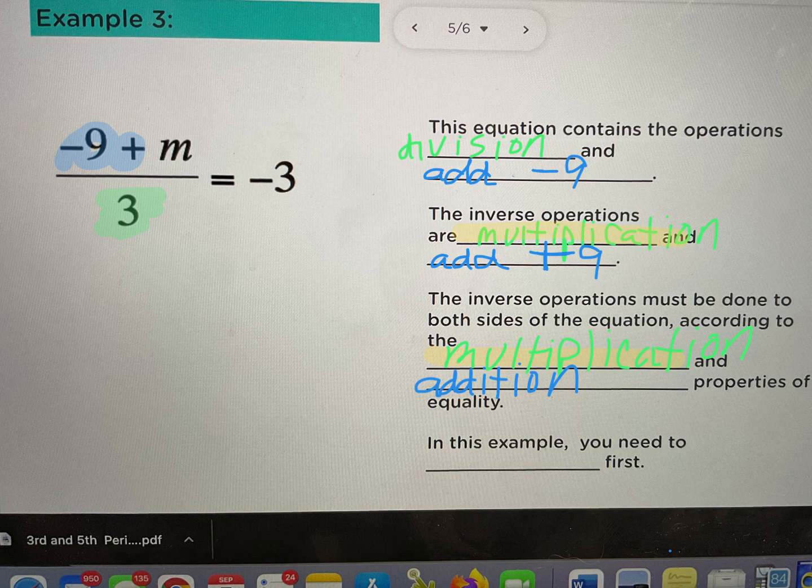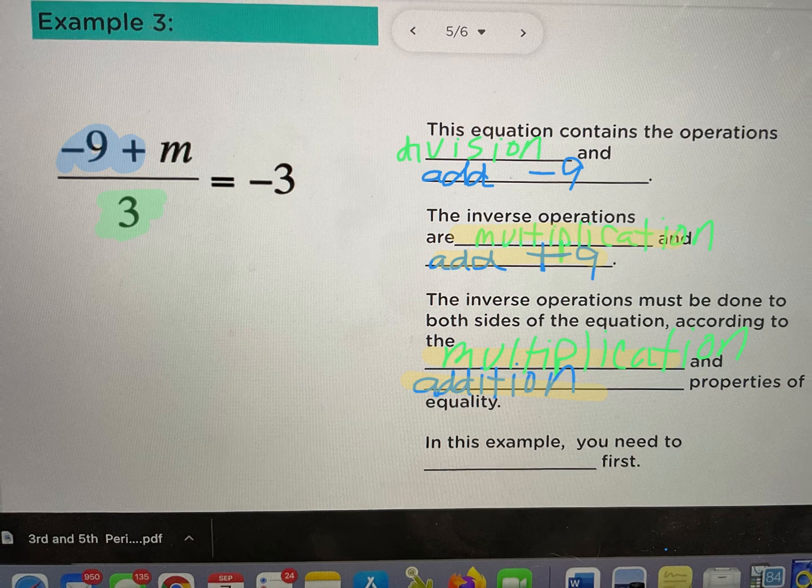So it's repetitive, but you're going to need to know that. So we've got division. We're adding a -9. We're going to do the opposite, which is multiplication, and adding a positive 9.